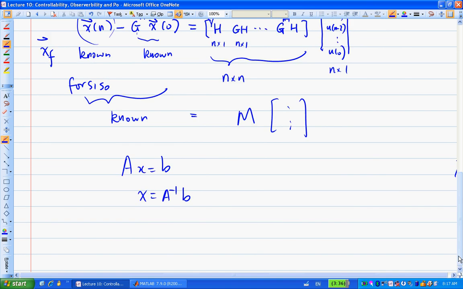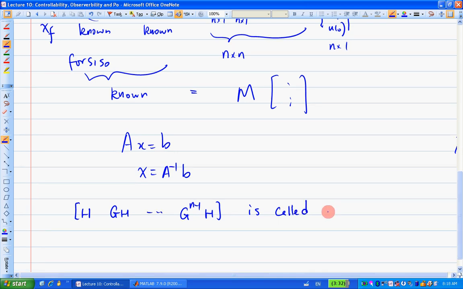Okay, so let me write it here again. So this matrix H, GH, up to G^(n-1)H, is called the controllability matrix. Okay, it's the controllability matrix.